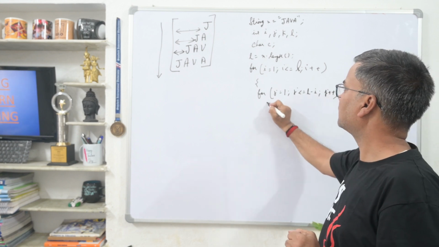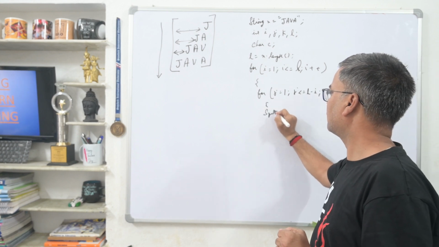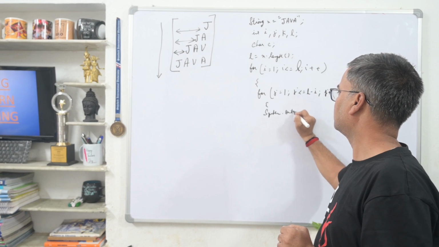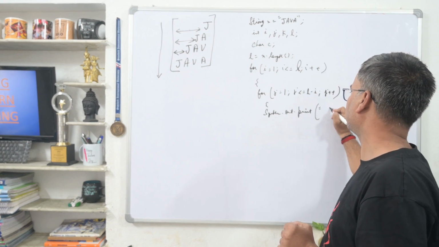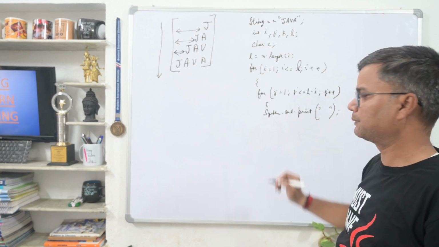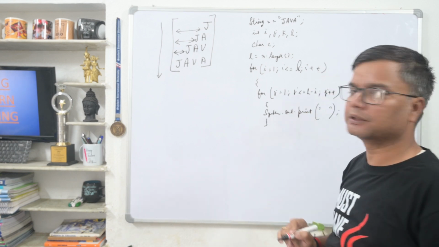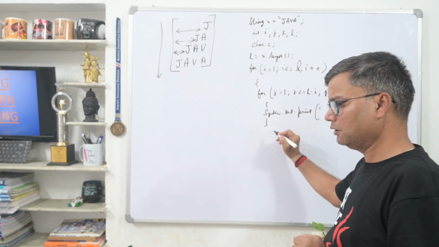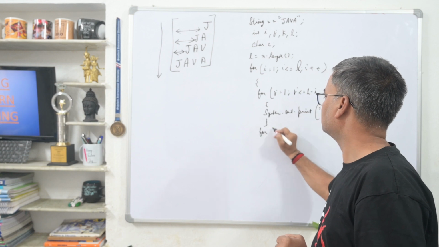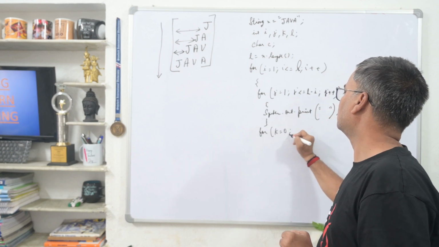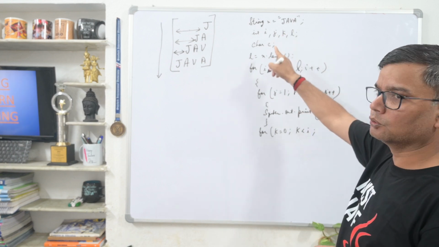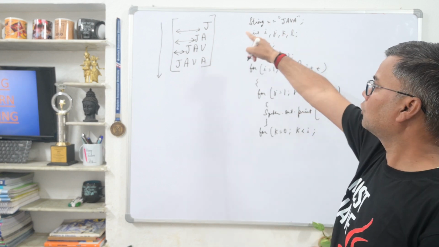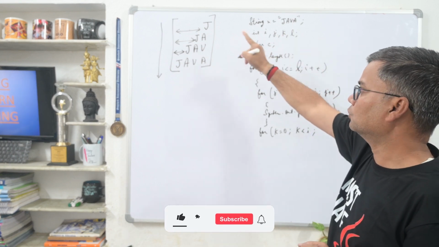So it will be for the blank spaces, J plus plus. And within this, System.out.print, I have to print a blank space. So this was for printing the blank space. And again, for k equal to 0, k less than I. So when I is 2, 0, 1.